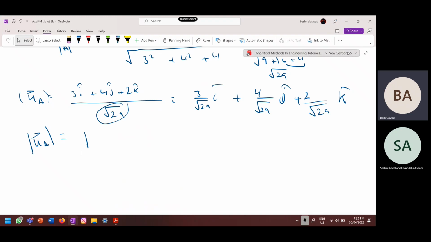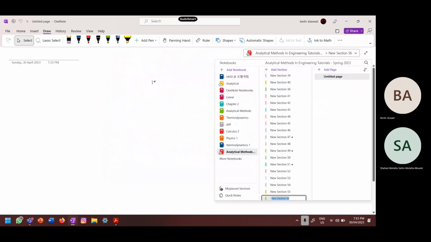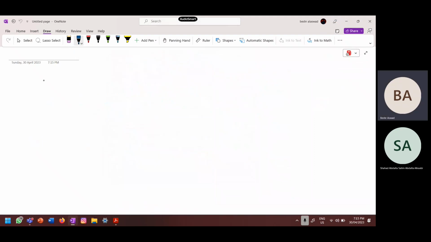Let's start with multiplication. Let's start with the dot product. Okay, dot product, the easier one. Both are easy, but this one is easier.